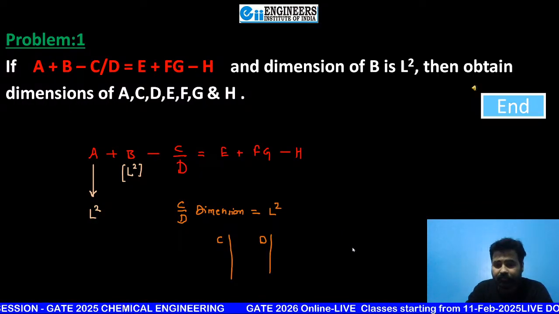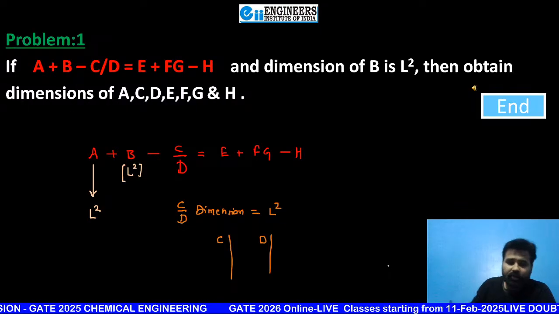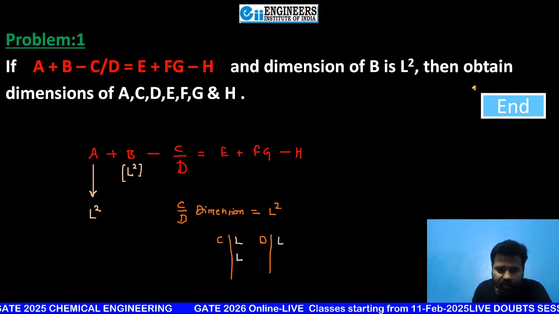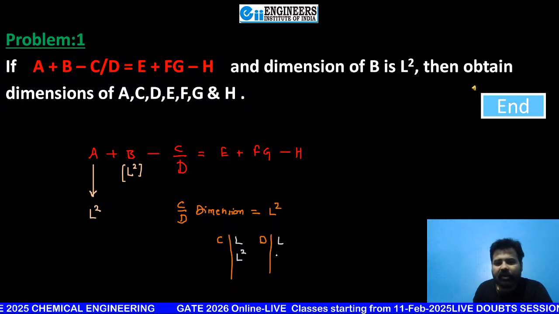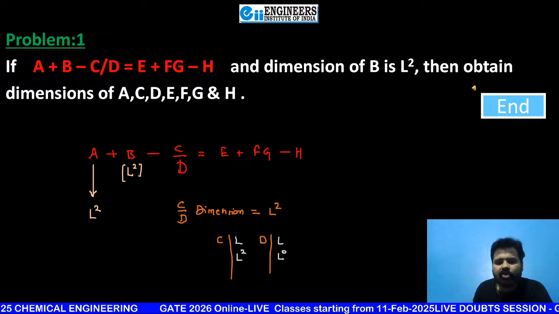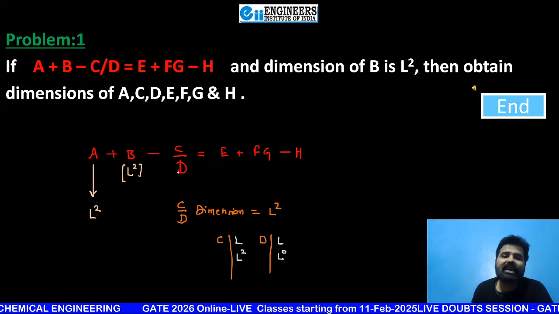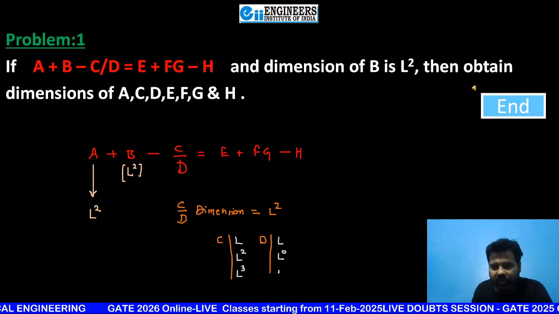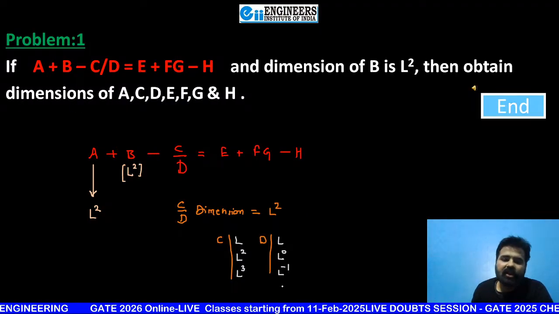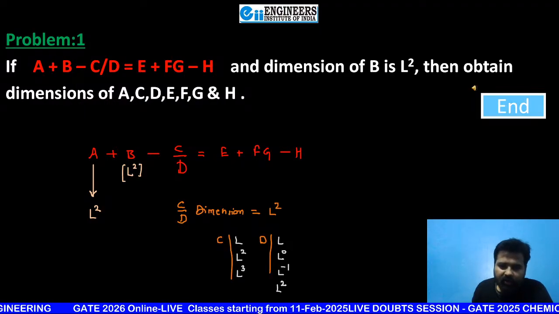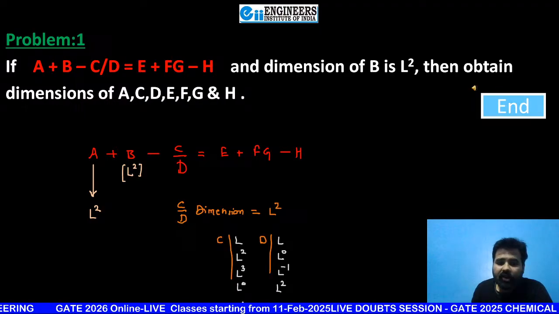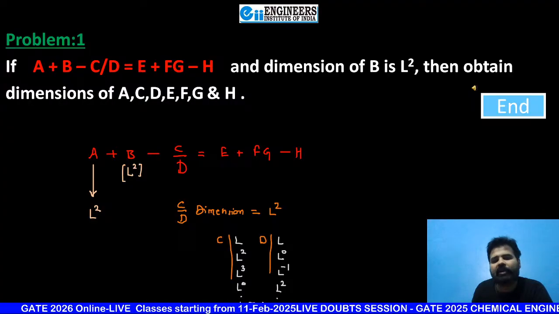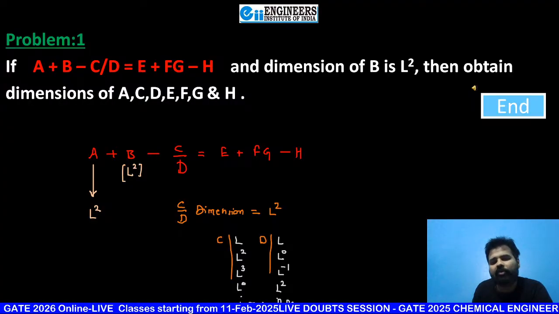If the dimension of C is L square, then D has dimension L to the power 0, that means D is dimensionless. If C is L cube, then the dimension of D is L to the power minus 1. So in this manner, beta, there are infinite possibilities.